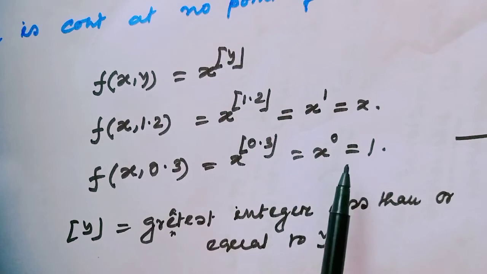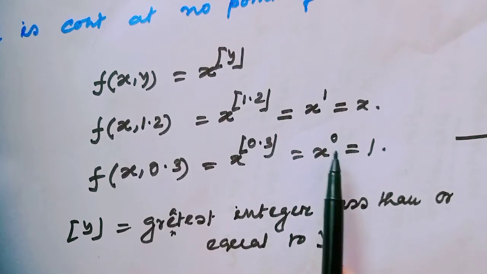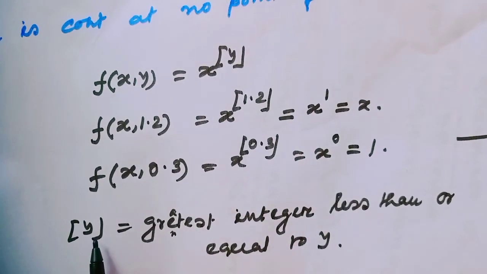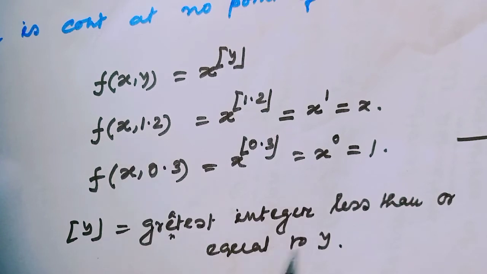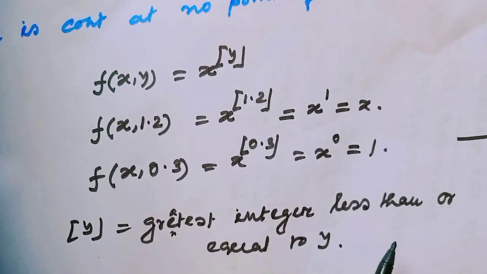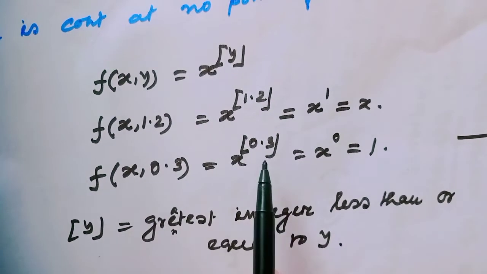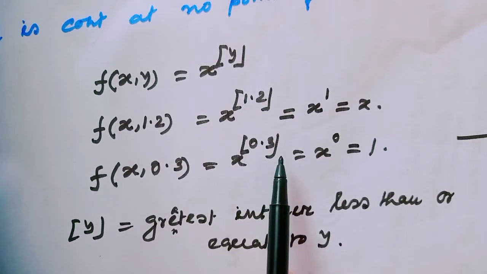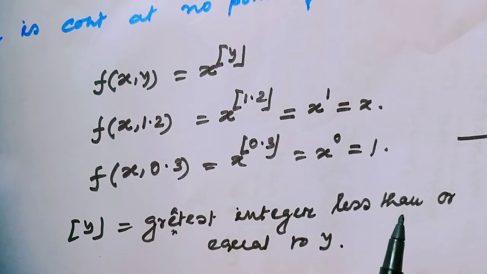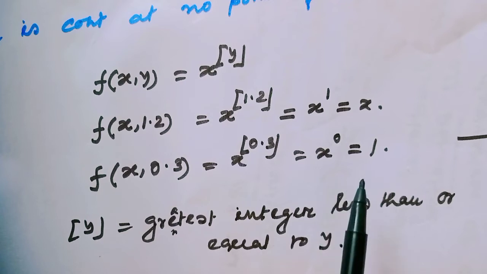Getting why this is 0? Because box of y is the greatest integer which is less than or equal to y, and for 0.3 the greatest integer which is less than or equal to 0.3 will be 0.